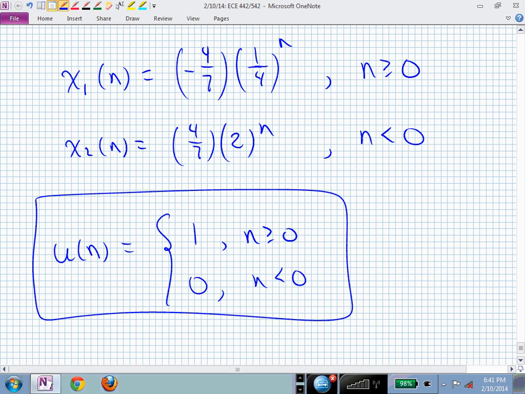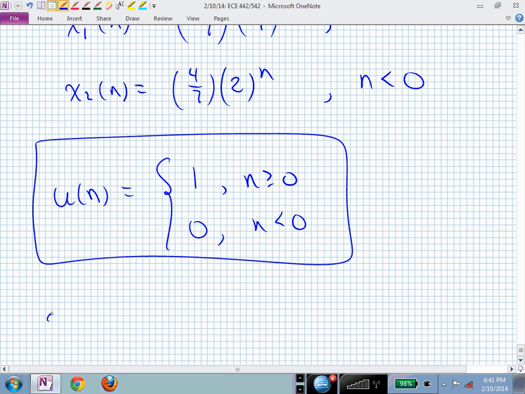I use it a lot of times to just mean some arbitrary time domain waveform, not necessarily the specific unit step. But if we use it here in this example, I could have written x of n as minus 4/7, 1/4 to the n, and I'm going to switch it on for non-negative values of n.